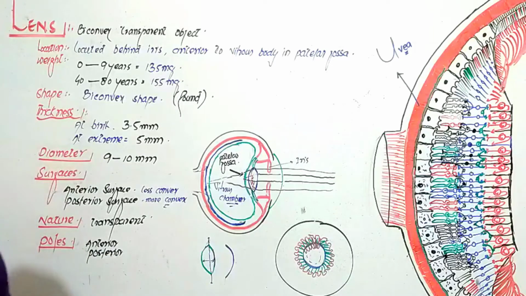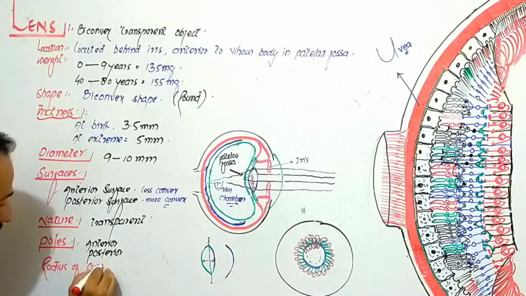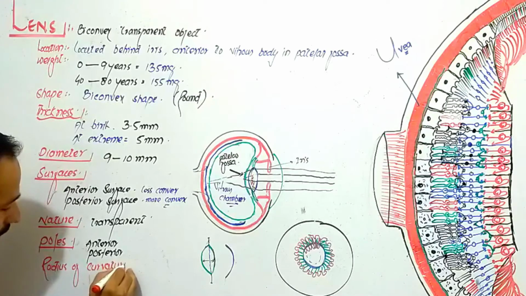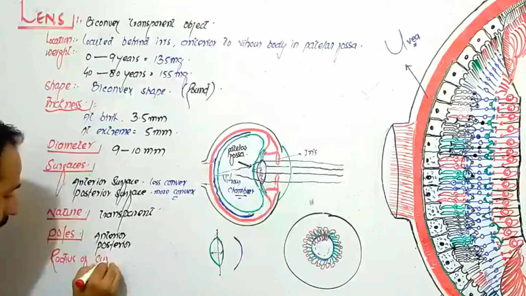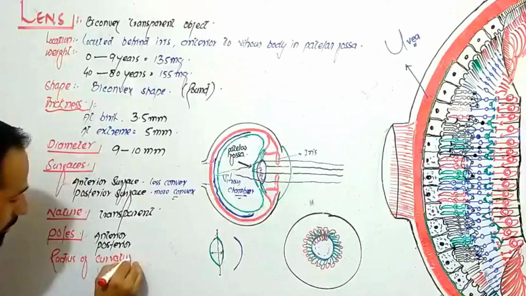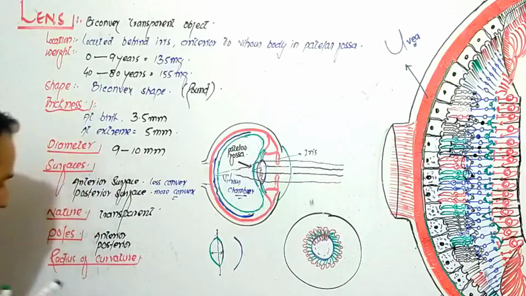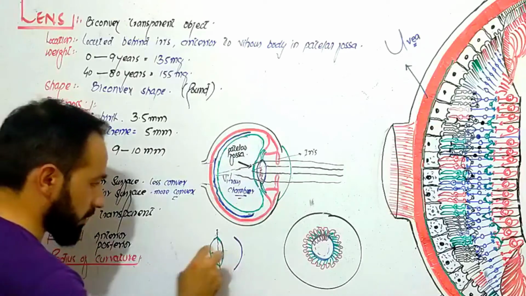Then the next part about the lens is the radius of curvature. What does it mean by radius of curvature? Look carefully, friends, here.